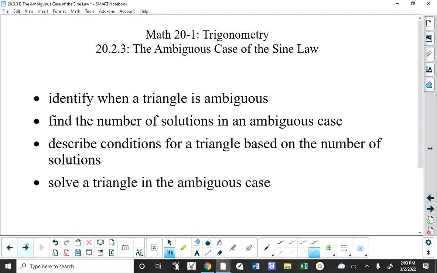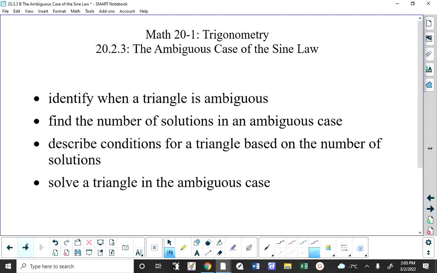So this is the very next lesson in your unit. It's the second part of the sine law in your textbook, so it's still section 2.3, but it's part 2, and it deals with what's called the ambiguous case of the sine law. This is the kind of topic that I enjoy teaching, but it's very difficult to teach because it's a challenging concept.